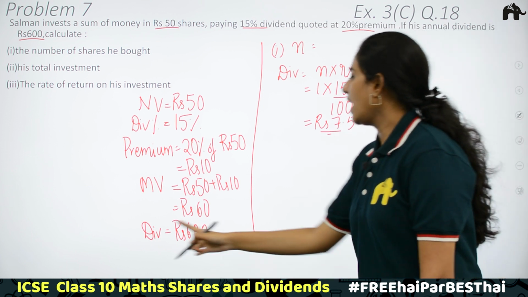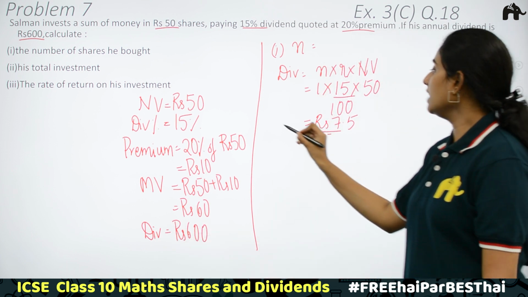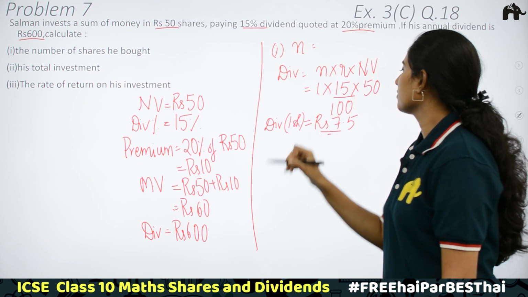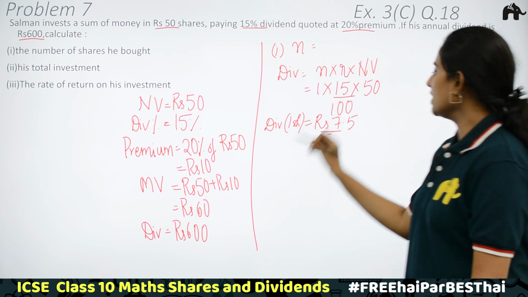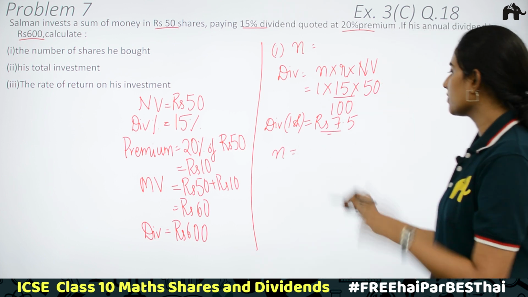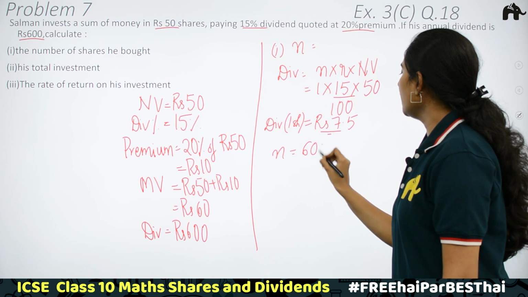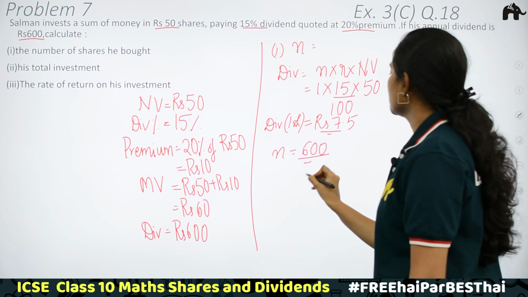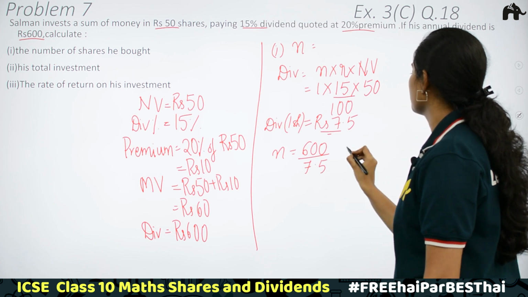Now, we have the total dividend and the dividend for one share, so we can calculate what N is. N is equal to 600 divided by 7.5.